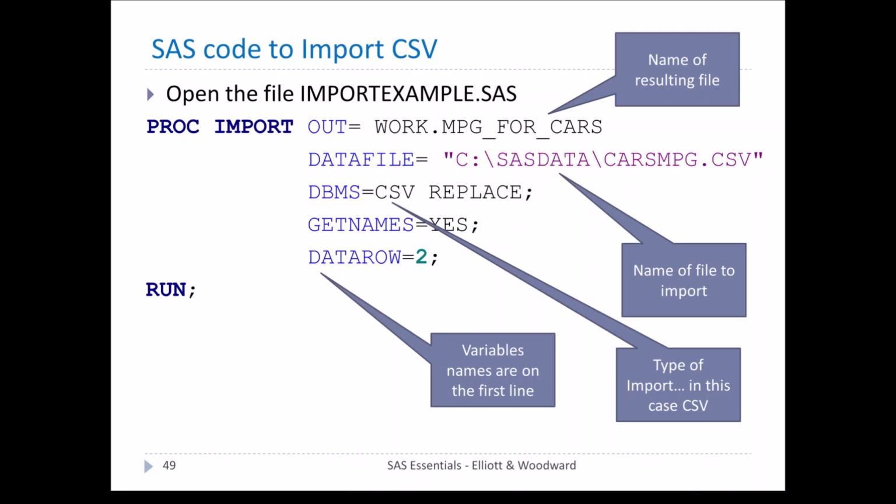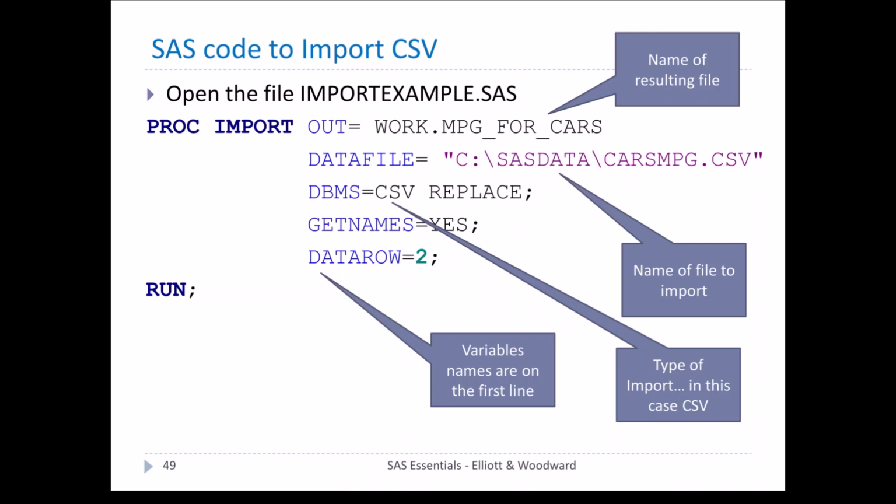The DBMS, which is the database management system, is going to tell it what kind of data set this is. It's CSV, comma separated values. We're going to see some other ones here in just a minute. And also the word replace says if that output file already exists, then replace it with this one. That's an optional thing, but typically you would want to use that.